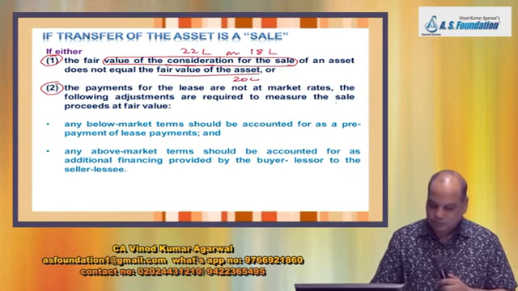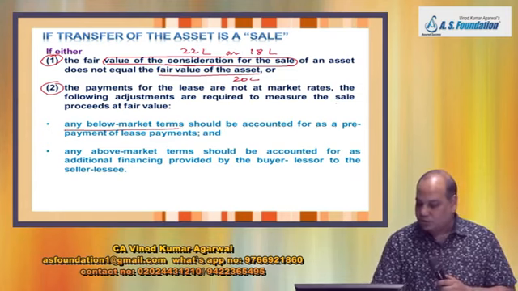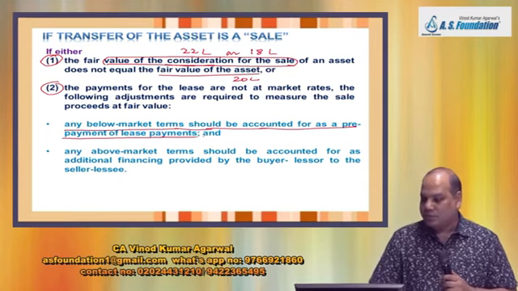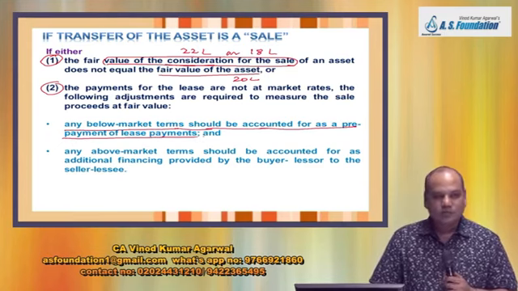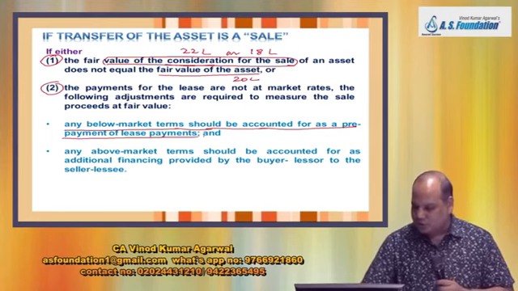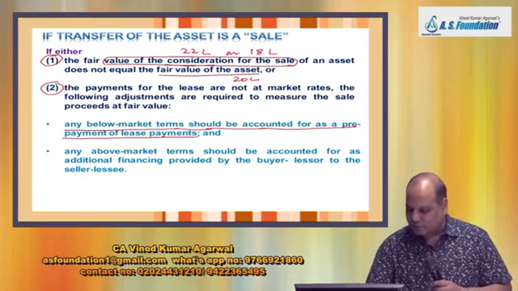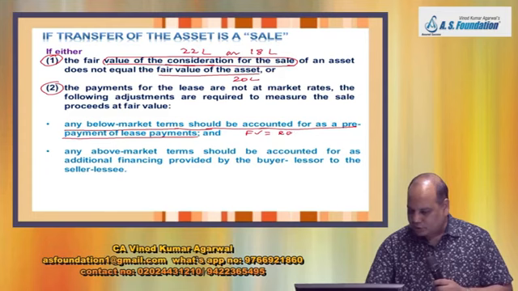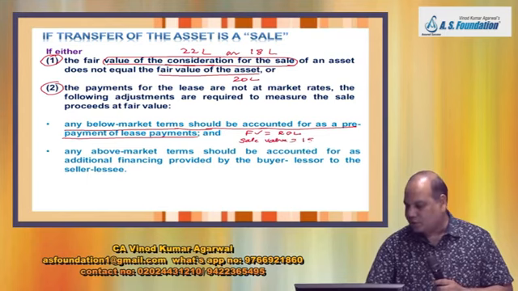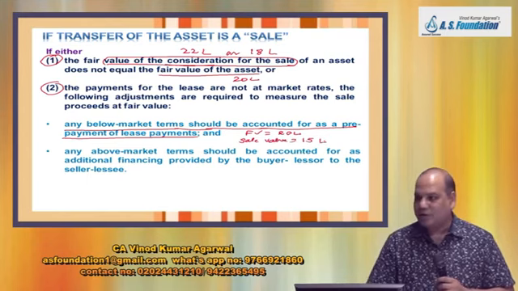What is that adjustment? Any below market terms should be accounted for as a prepayment of lease payment. Now see on the screen, or I will write here only. The fair value is 20 lakh, but the sale value of the asset they have fixed at only say 15 lakh or 18 lakh or 19 lakh.